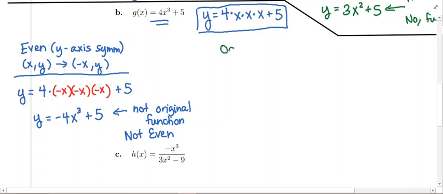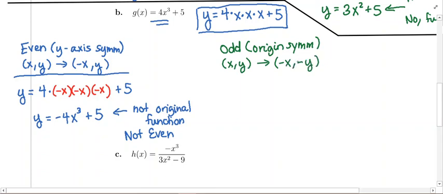To test for odd, we're testing to see if this function has origin symmetry. The rule is, if you start with a point x, y, you need to make both replacements: we're going to replace x with negative x and y with negative y. So here we go. We go to the boxed equation.